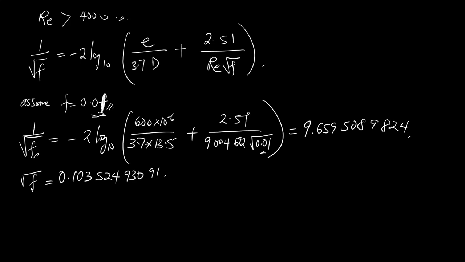Now we will take the square of both sides. We will now have our f. So square both sides. So now if I square this, I have 0.01072.